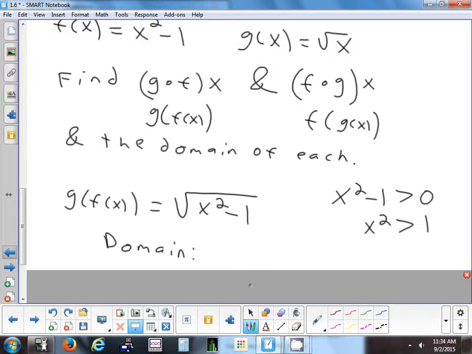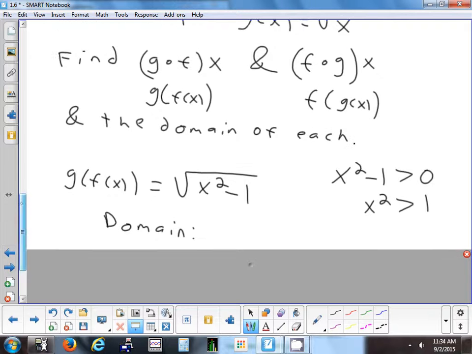Positive integers, yeah. So we could pick any number bigger than 1, and you could use things other than integers as well, like 1.5. That's okay. So any number bigger than 1, or what else? Anything less than -1. If you square something like -2, that'll come out bigger than 1.